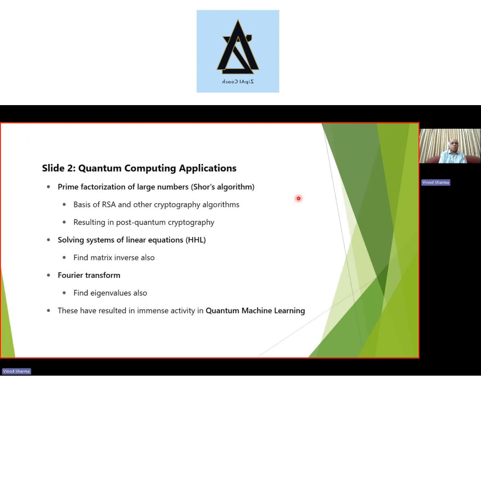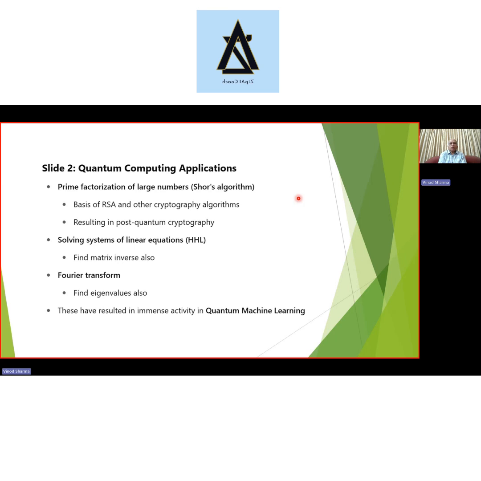One of the first such algorithms was Shor's algorithm. This is about getting prime factors of large numbers. It is known that classically there is no efficient algorithm available which can provide the prime factors in an efficient way. And in fact, this is the basis of RSA and other cryptographic algorithms that we are using nowadays in everyday life.